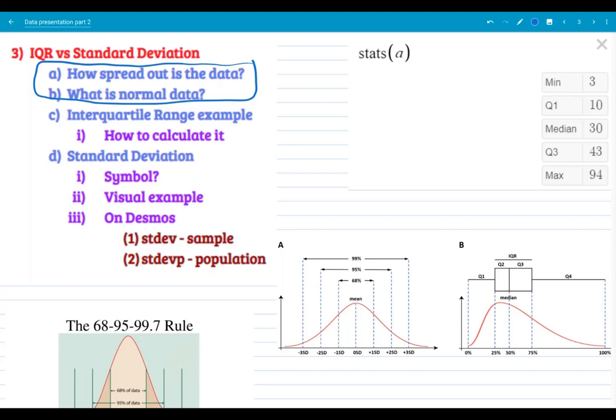Whether it's the data about how many points a basketball player scores, or how many houses sell in the city of Sacramento or the county of Sacramento, they just want to know what's normal. So we're going to talk about that.